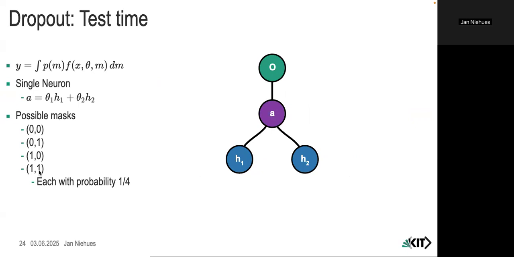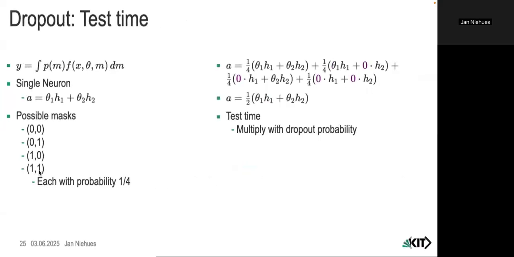Then let's calculate the result of the weighted sum. The result is 1/4 times the case where both are not masked, plus 1/4 times the case where one is masked, plus 1/4 times the case where the other is masked, plus 1/4 where both are masked. Now you see that each of the terms occurs exactly 2 times. So it's 1/2 times the first one plus 1/2 times the other one.